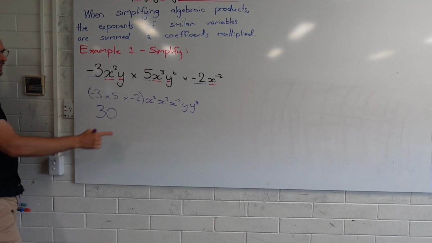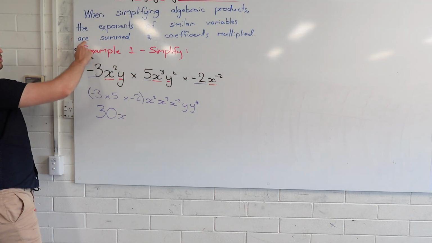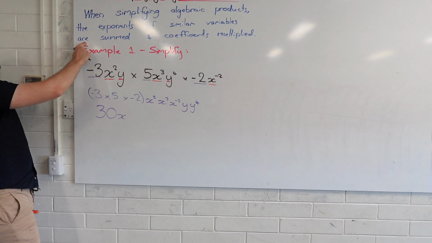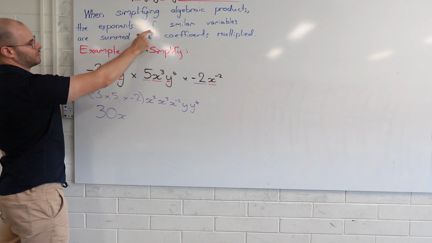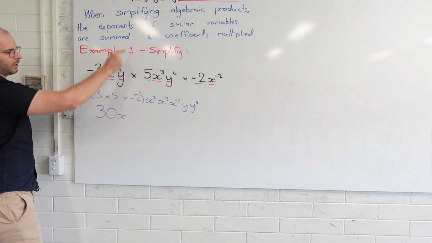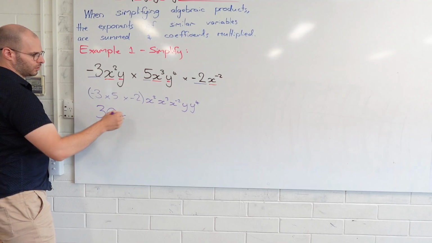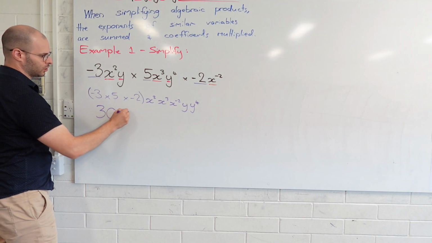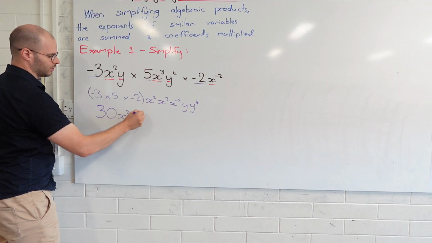Next, we're dealing with the variables. The rule states when we're dealing with similar variables, the exponents of similar variables are summed. So if we get the exponents of 2, 3, and negative 2, we sum them. So 2 plus 3 plus minus 2.